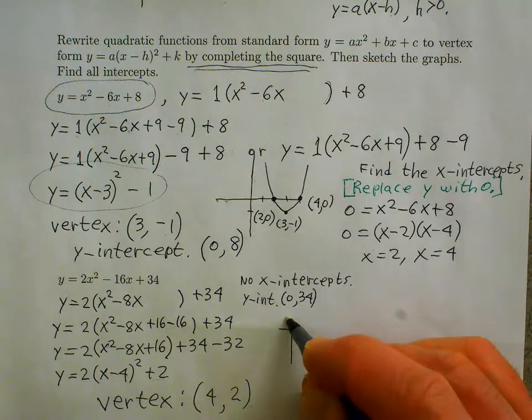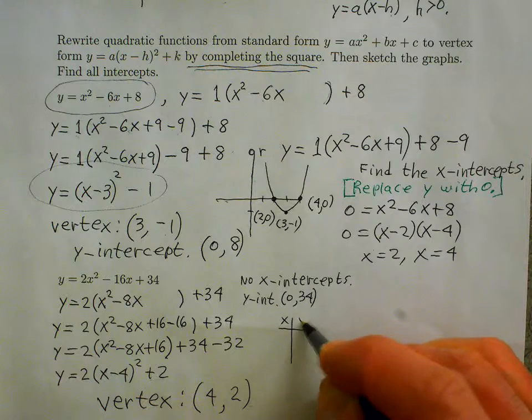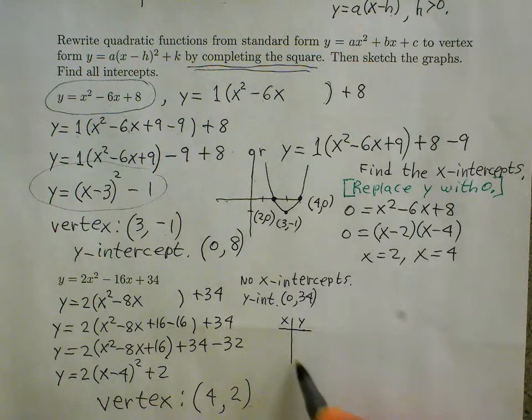We already found the vertex, so we can put the ordered pair 4, 2 in our table of x and y coordinates. Pick an x value smaller than 4, like 3. You could pick 2 or something. Just pick something that will be on the grid, and then pick an x value bigger than 4, like 5.